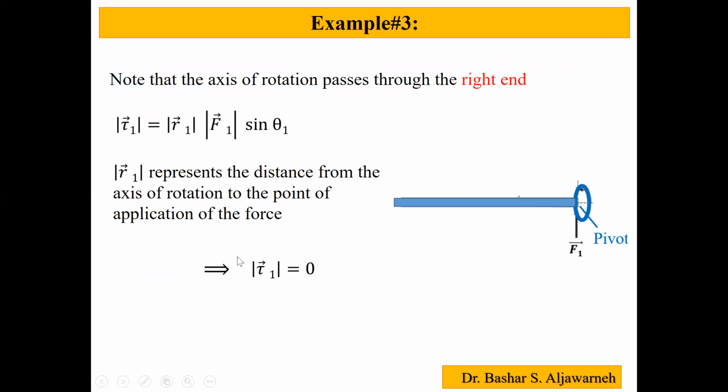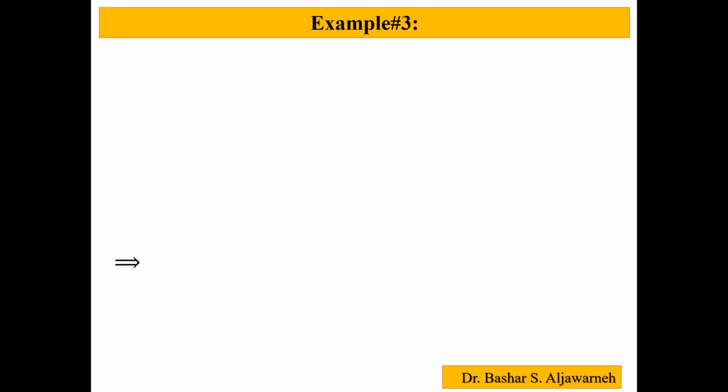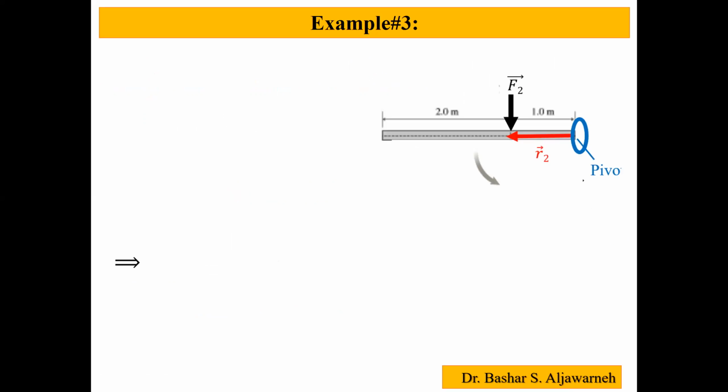As you can see here, torque from F1 equals zero, and I mentioned the reason, because the lever arm length equals zero. Second, the torque due to F2, as you can see here, F2 rotates this object about the pivot counterclockwise, so it's going to be positive.